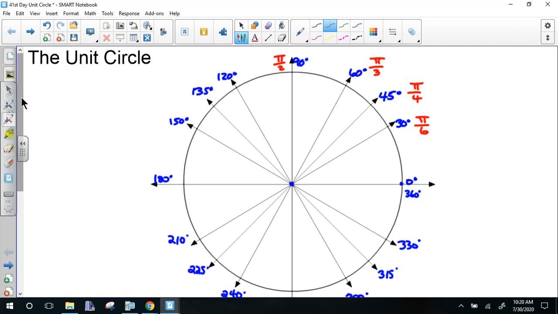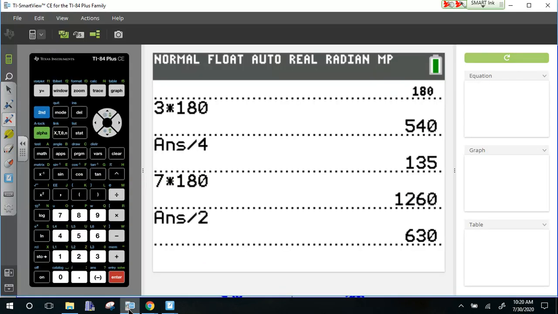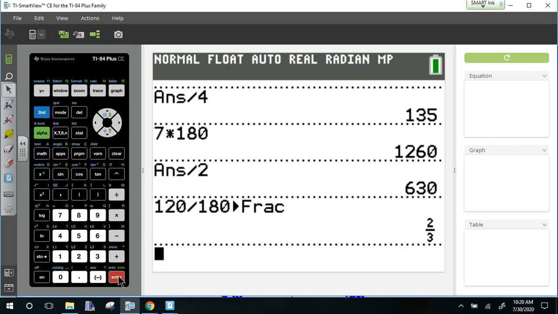Okay. What's 120? 120 divided by 180. Some of you may have to pick up a calculator and do that. Math, enter. We get 2/3.